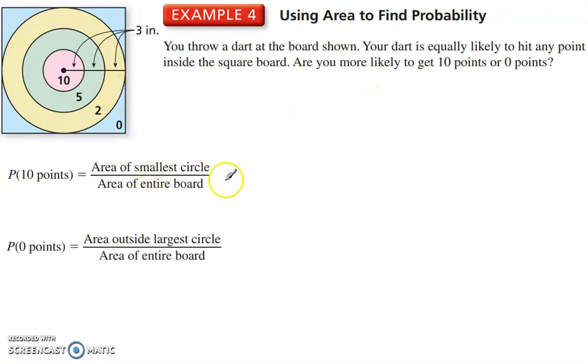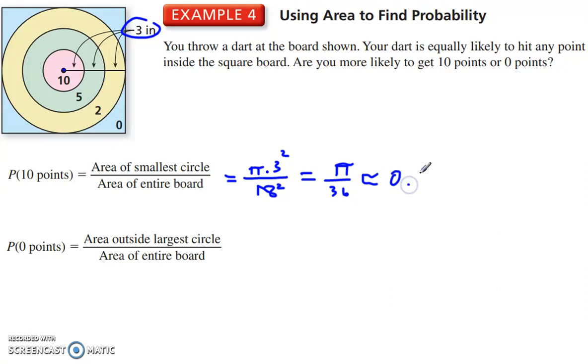So I'd find the area of the smallest circle, and the area of the smallest circle is pi r squared, and that radius here is 3. 3 squared pi r squared over 18 squared. Type that in, and we can simplify this either to pi over 36 or approximately 0.0873. Okay, so that's the probability of hitting 10 points.